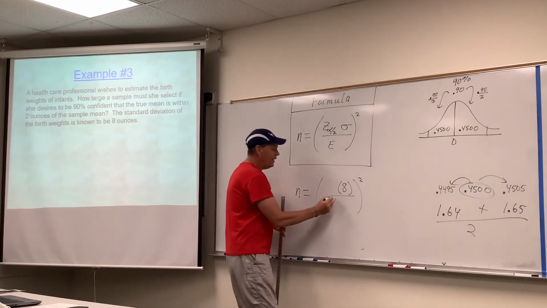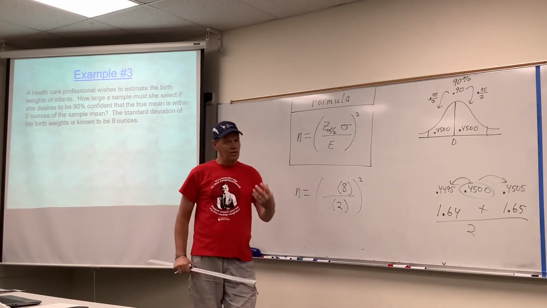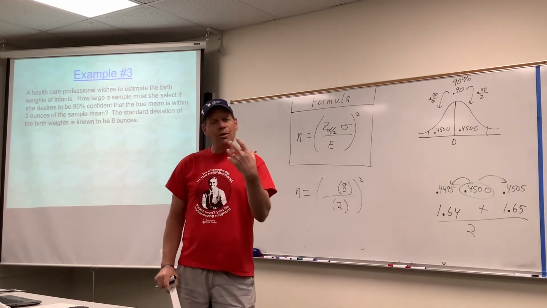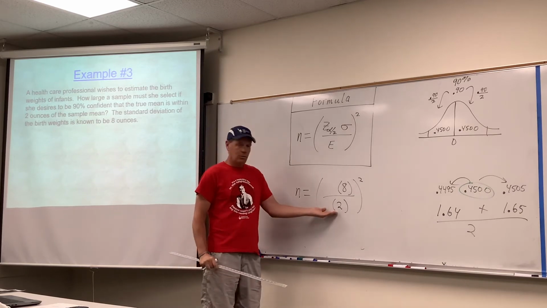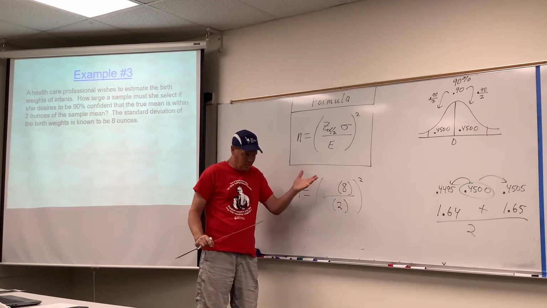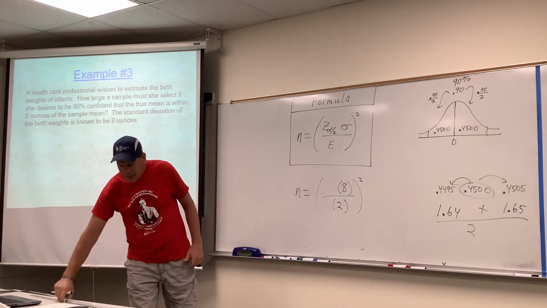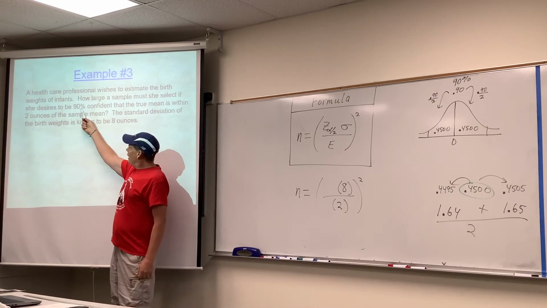By the way, on the previous assignment, your margin of error was a percentage, and we changed that to decimal, but this is not a percentage. So the margin of error within 2 ounces is 2. You're not going to change it to a percentage. The Z would be related to the level of confidence they desire, which is 90%.